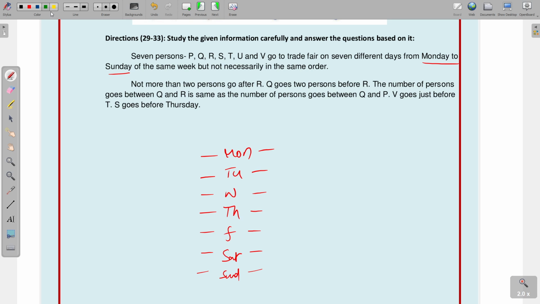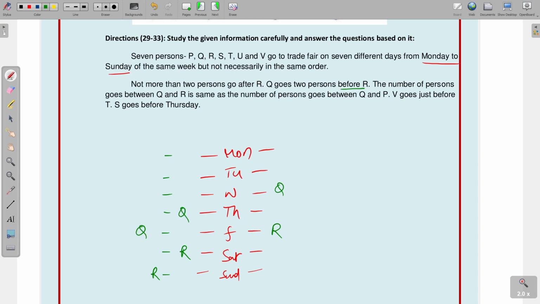Not more than 2 persons go after R. So either 2 or 1 or none. Next, Q goes 2 persons before R.